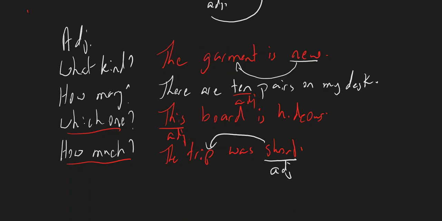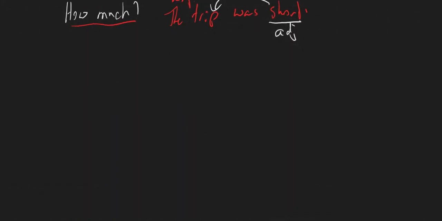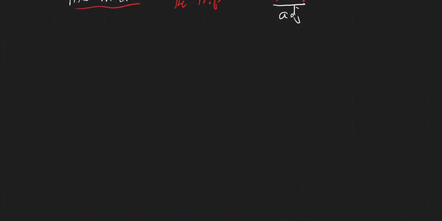Okay. In terms of adverbs, so I'm going to write here adverbs. They answer the questions of when did it happen. This is the adverb of time. Okay. And where did it happen?